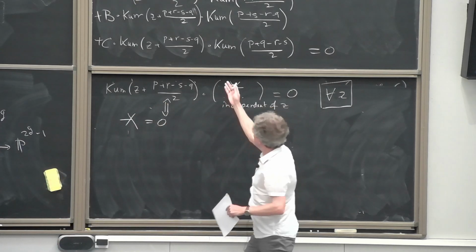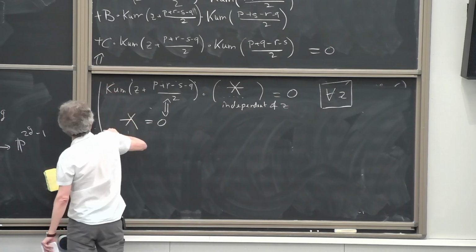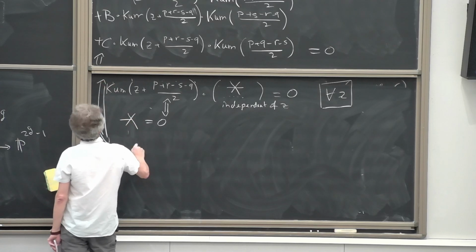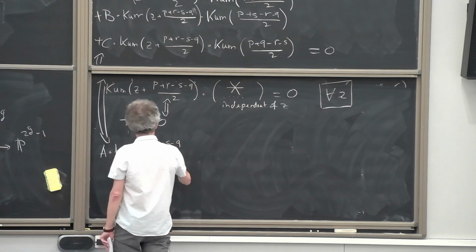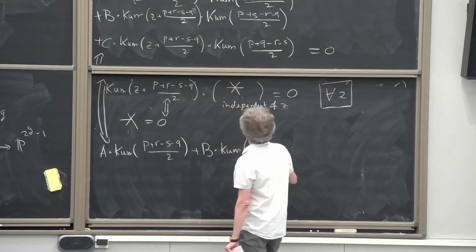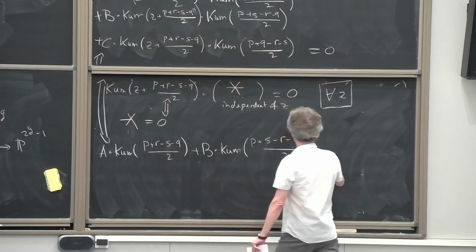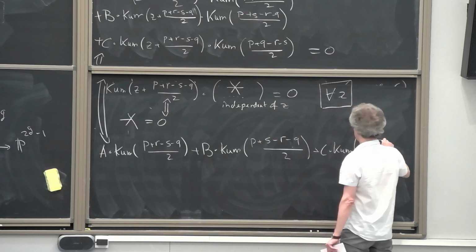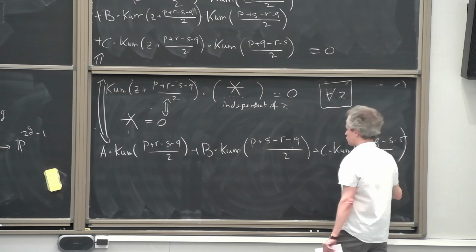Okay? Let me write out what this means. So this thing is equivalent to A times the Kummer of the first point plus B times the Kummer of the second point plus C times the Kummer of the third point is 0.